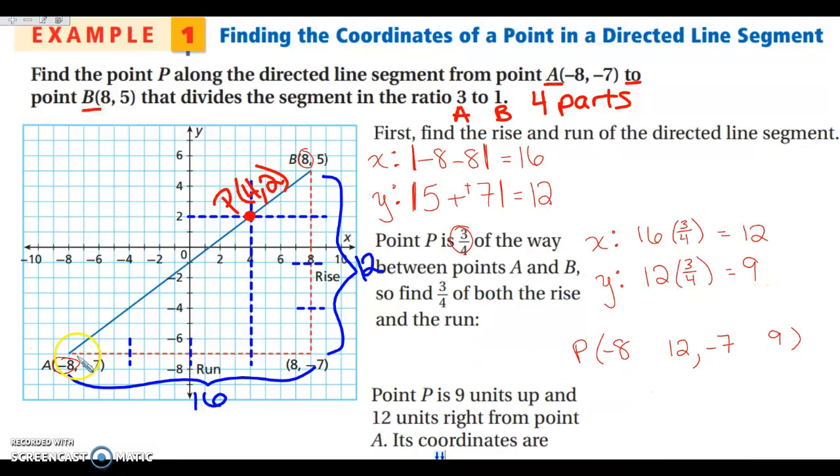If I'm starting at A, I am moving to the right and up to get to my segment. So because I'm moving to the right, I am adding. Because I am moving up, I am adding. Those are both positive directions. So this point is going to be at the point 4, 2 when I simplify here, which is what we found graphically earlier.